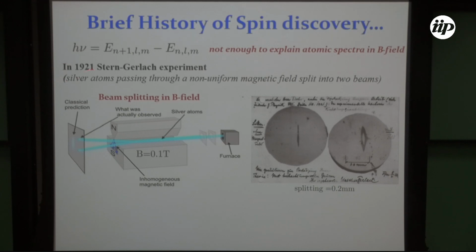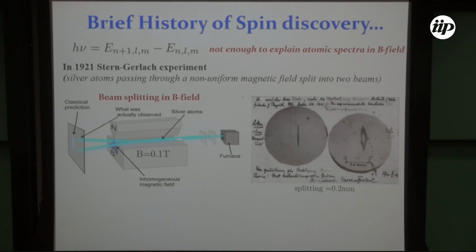And in 1921, this experiment of Stern-Gerlach was a major breakthrough in the sense that it reveals the existence of this internal degree of freedom of particles, sensitive to external field.